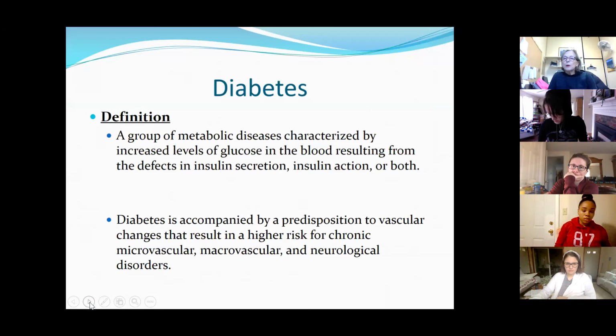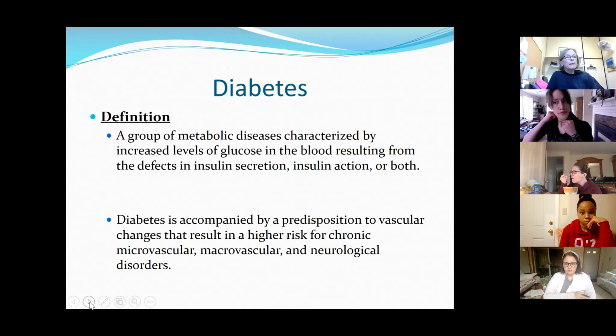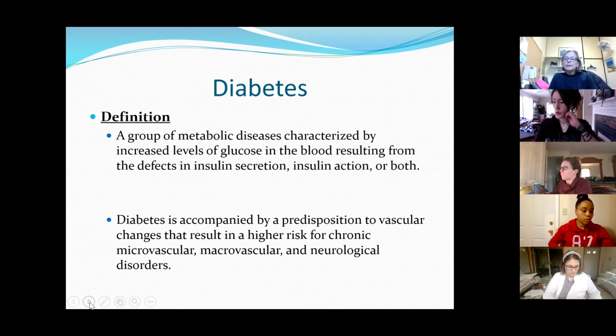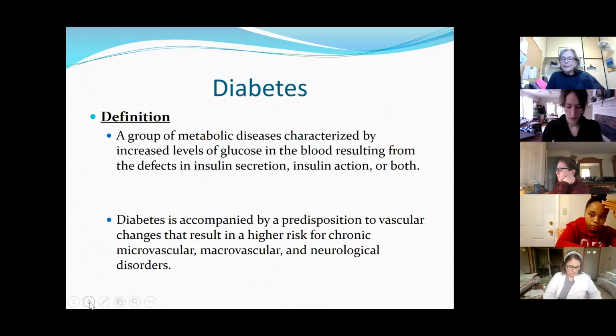It's either a result of inadequate amounts of insulin, so where there's a defect in secretion or production of insulin, or there is a problem with the insulin action, or both. The insulin action could be being blocked. That is, we consider that insulin resistance.